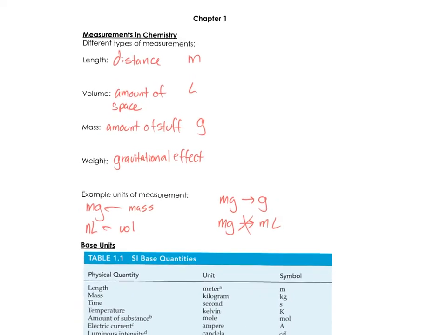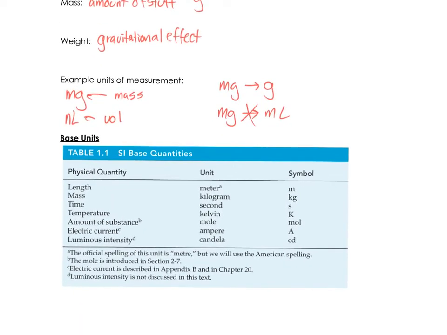So I know this says base units. That's not exactly correct. SI base quantities are the ones that are kind of the standard. You notice that it doesn't match with the base units for the metric system. That's fine. It's just the most common units that are used. They're the ones that are considered the standard, right? Time is usually given in seconds.